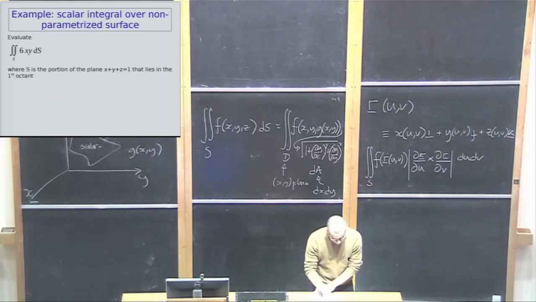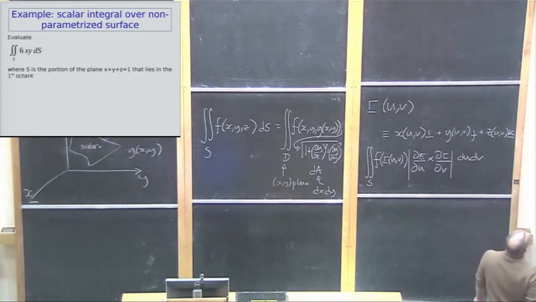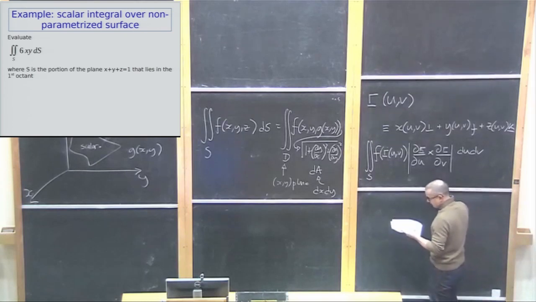So let's jump straight into an example. Let's do a scalar surface integral on a non-parameterized surface. Okay.